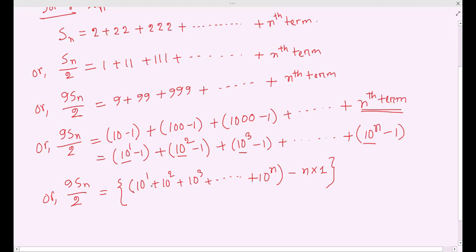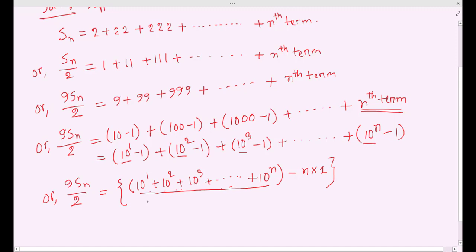So now you can see that in the first bracket we have got a geometric series in which the first term is 10, and each term is multiplied by 10.